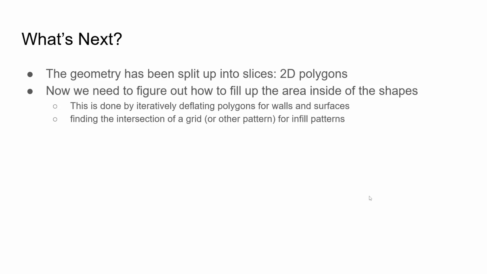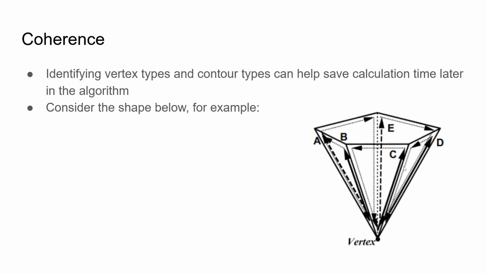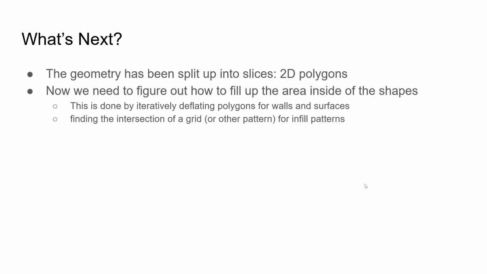So what's next after we've generated all of our contours? Because that's what's really happening in the slicing algorithm: we are getting our contours. So once we get this big stack of contours, what we need to do is start filling in those shapes, right? Filling out those paths.